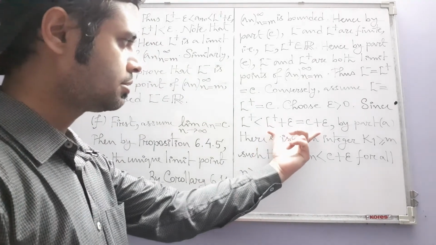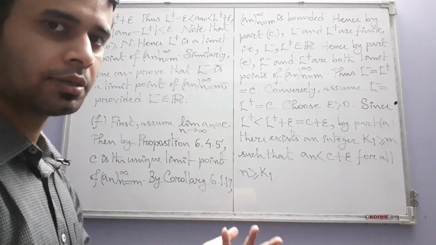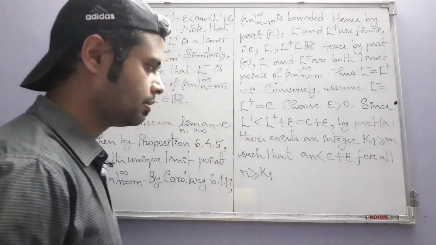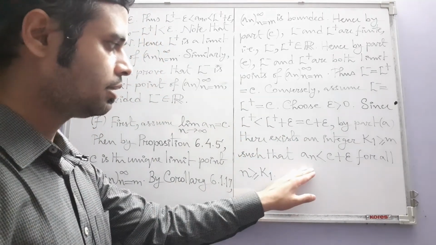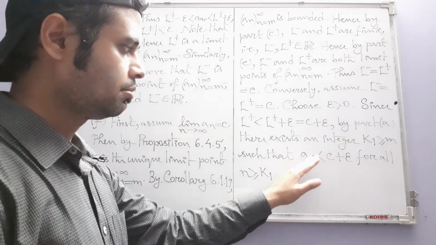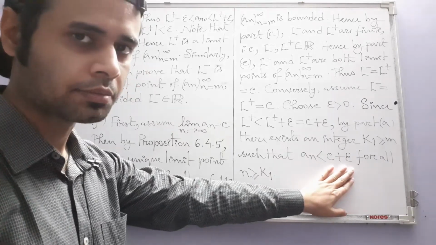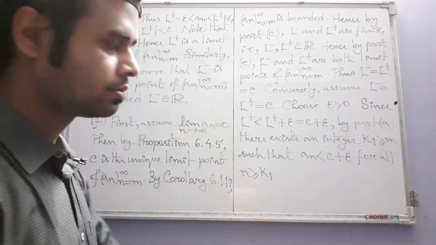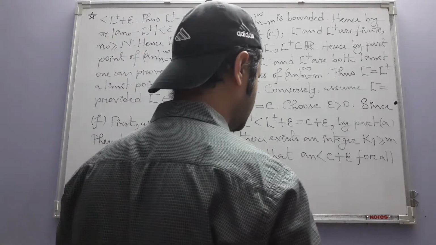This number is in my terminology stronger than the limit superior, so the sequence will be less than this strong number eventually, starting from this stage. That's what part A says.